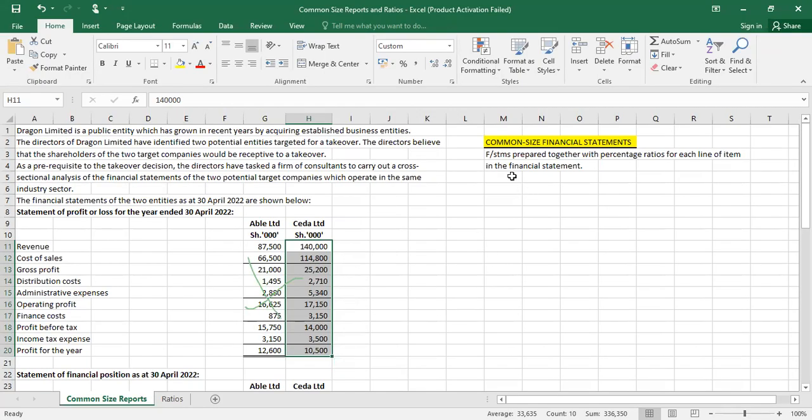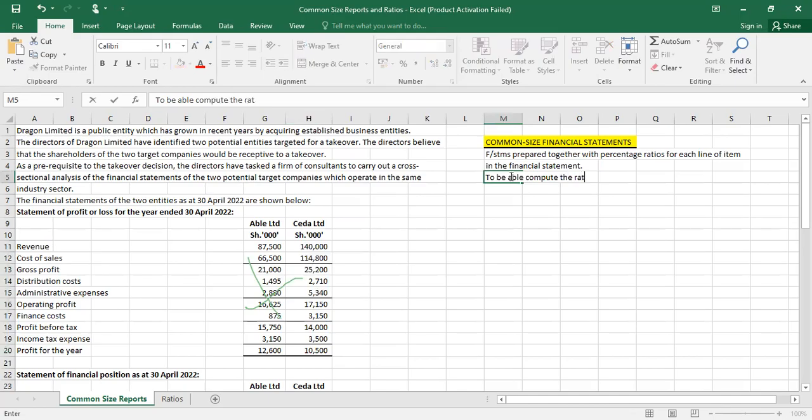And then to be able to compute or determine the percentage ratios, the following bases are applied.